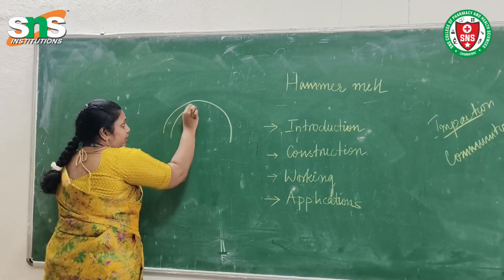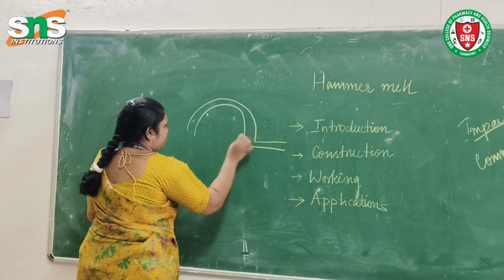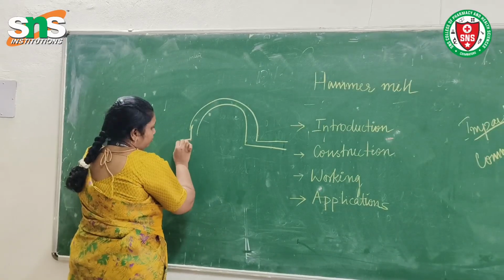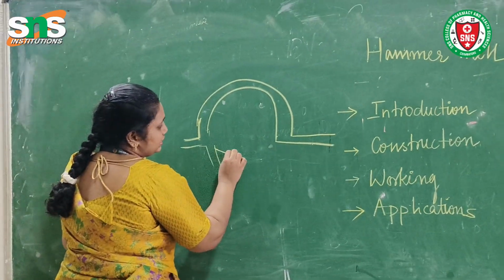This is the semicircular dome, which is the outer surface of the hammer mill, which is attached to a screen beneath.